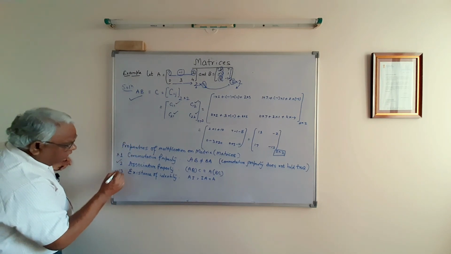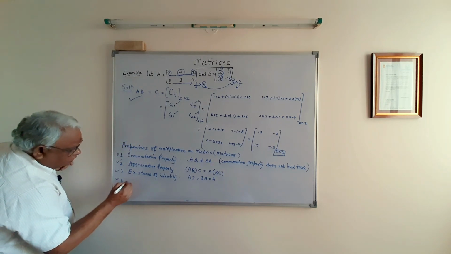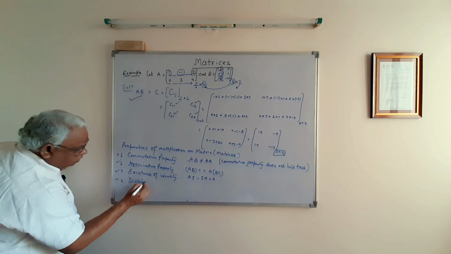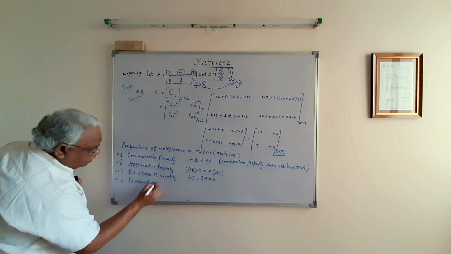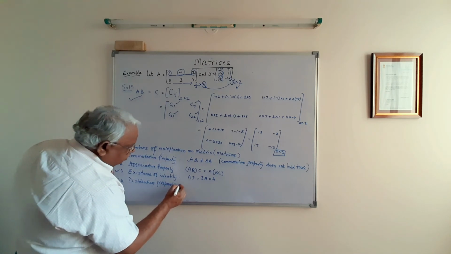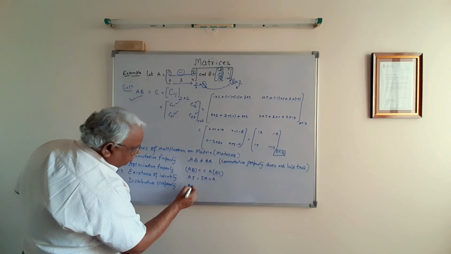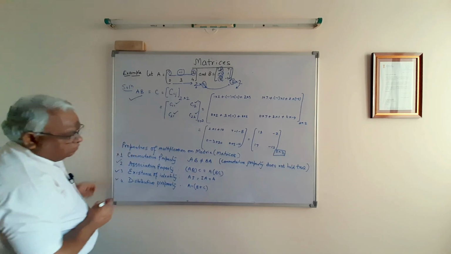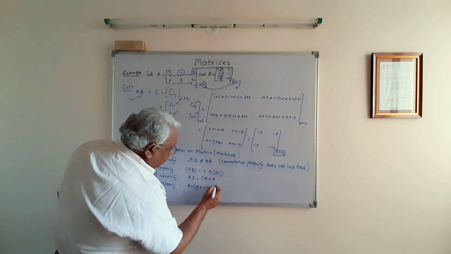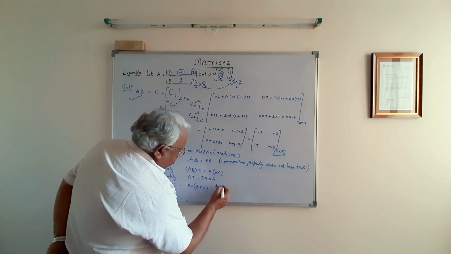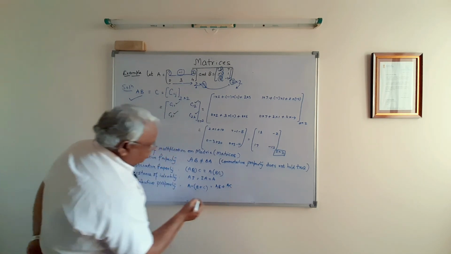The fourth property is distributive property. A into (B plus C) is equal to AB plus AC.